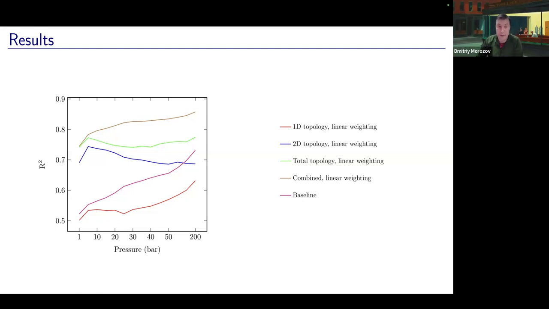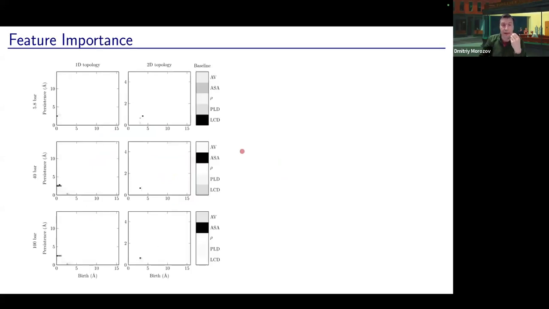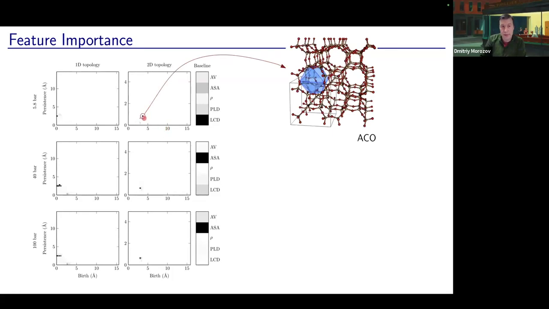What's nice also is that these random forests assign an importance to the individual components of the vectors that you feed into them, which in our case translates into assigning importance to both the features that the chemist picked out and the parts of the persistence images that we compute. And what's nice about that is that, for example, this is some part of the persistence diagram that's important for predicting the adsorption at 5.8 bar.